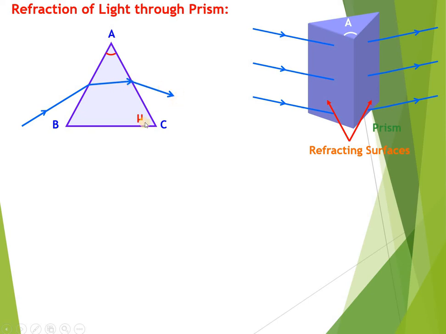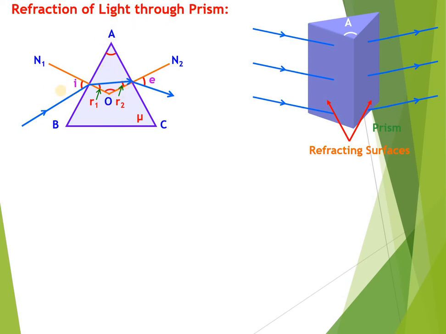If mu is considered as the refractive index of the material of the prism with respect to the surrounding, and if we draw normals N1 and N2, i is the angle of incidence and e is the angle of emergence, r1 and r2 are the angles of refraction at the first face and the angle of incidence at the second face, and A is the angle of the prism.